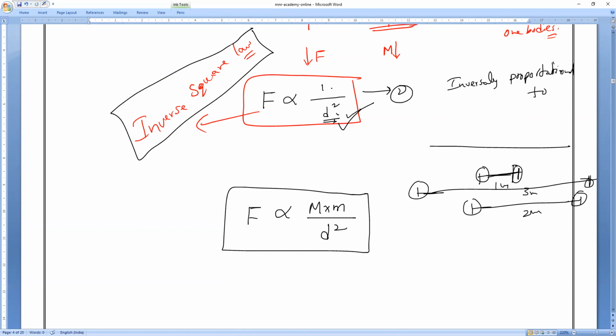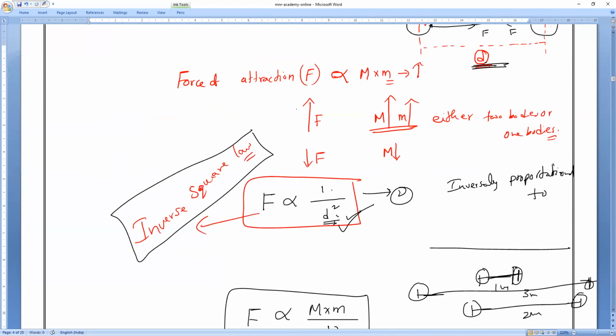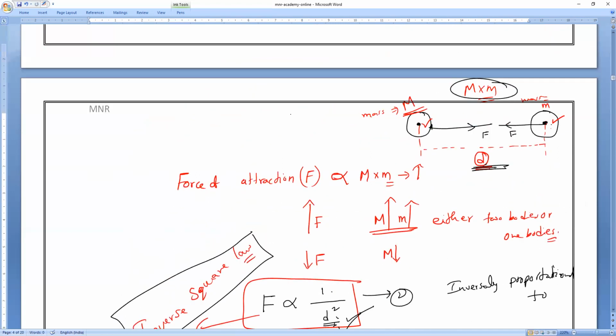Yes, Mari. In the previous image, you have given two masses, sir. Is it acting opposite to each other, like you have drawn two rays? I have not drawn two rays. It is force of attraction. Sir, we have studied collision, moment of collision.